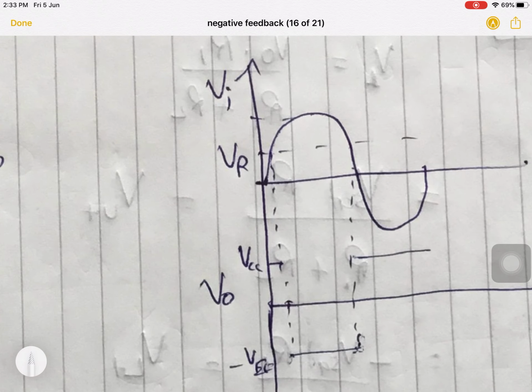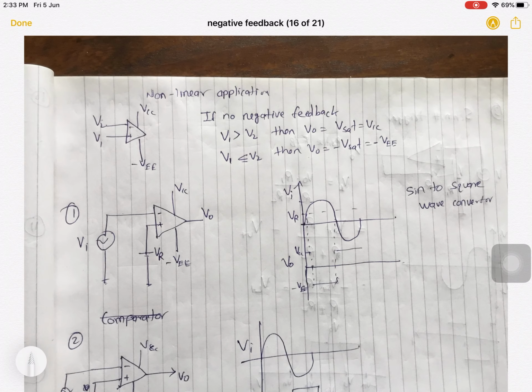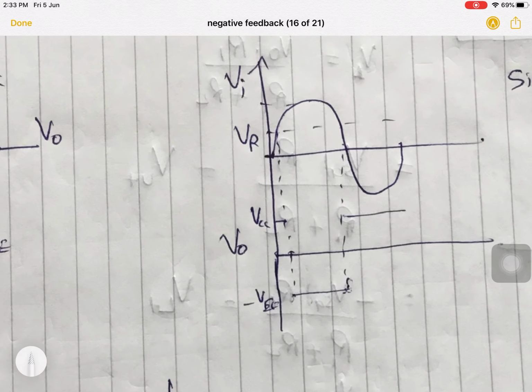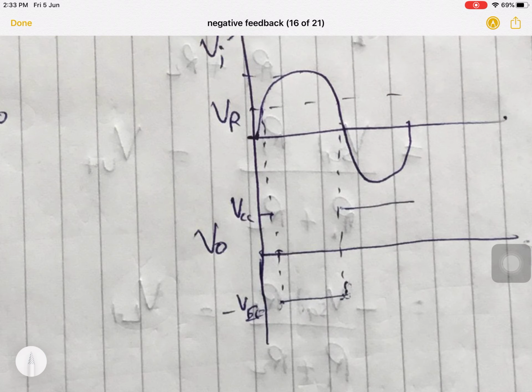You can see in this region the voltage is VCC. As soon as VI increases beyond VR, the output changes to minus VEE, and it goes on.